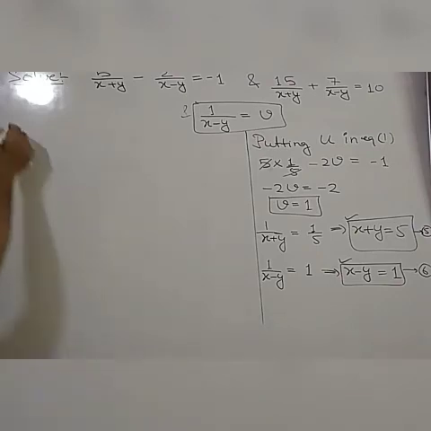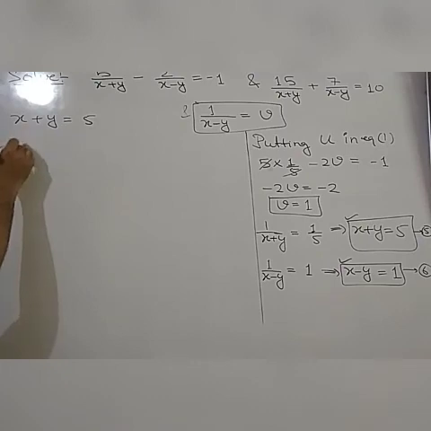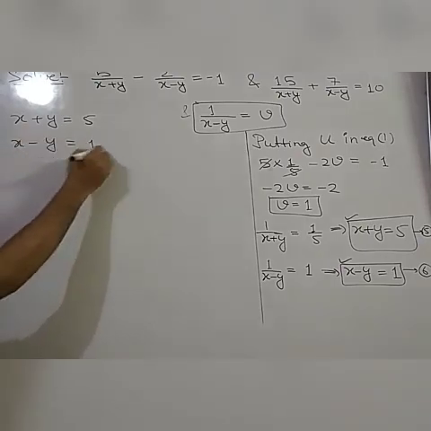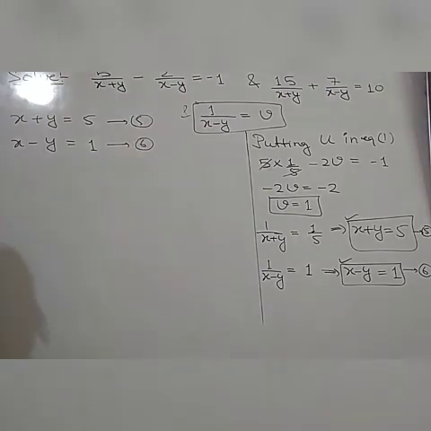So solving equations 5 and 6, x plus y is equal to 5 and x minus y is equal to 1. Now in these two equations, the coefficients are already equal. The coefficient of x is 1, the coefficient of x is 1, the coefficient of y is 1, the coefficient of y is minus 1.